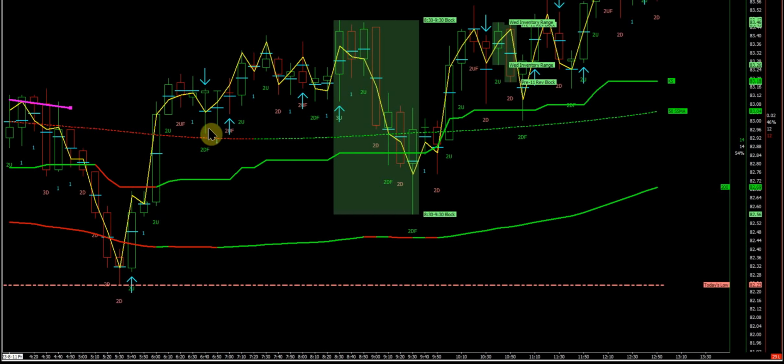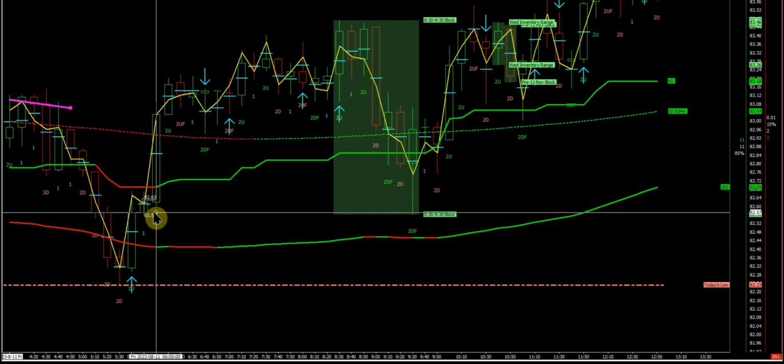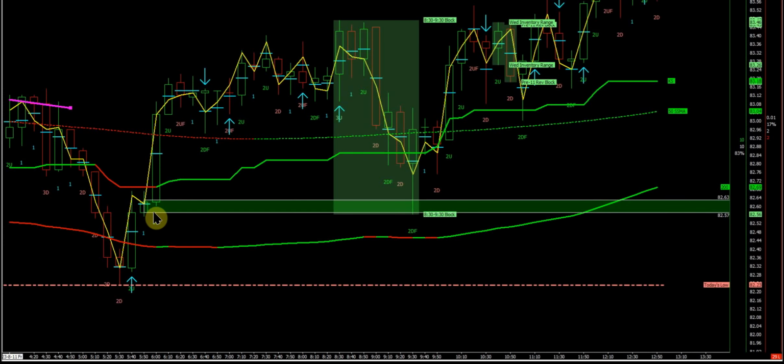But if you see something like this, a little bitty resistance here, and then you're trending here, right? Little bitty candle, trending here. You want to mark that area. I'm not going to teach that, but you're going to mark that area, and I'll do an extend right there. Well, guess what?